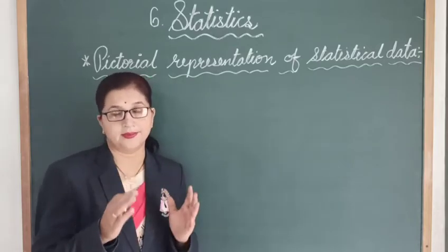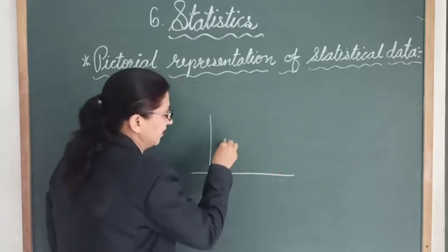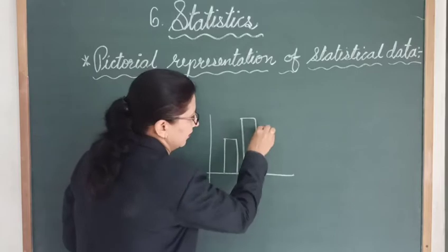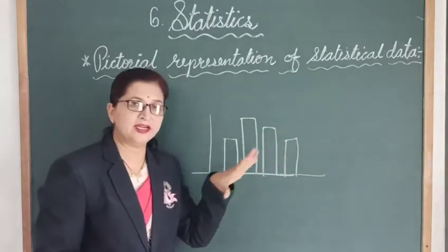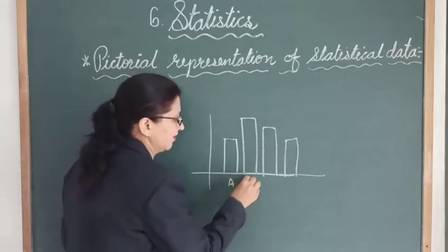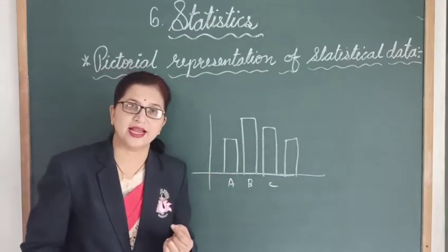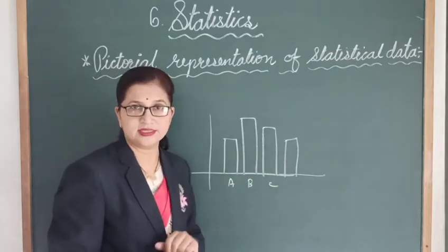But if the same information is given in the form of a bar diagram, then for 8 players there will be 8 bars. Let's consider them as players A, B, C, D like that. So within a fraction of a second, one can say which player had scored more runs, right?